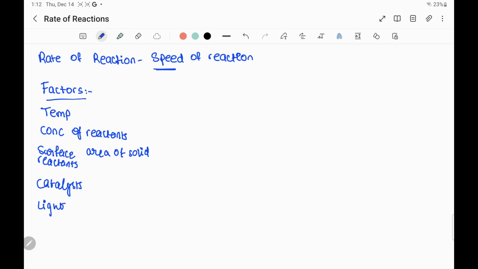These first four are extremely important in this chapter. Light is not really focused much on in your IGCSE.